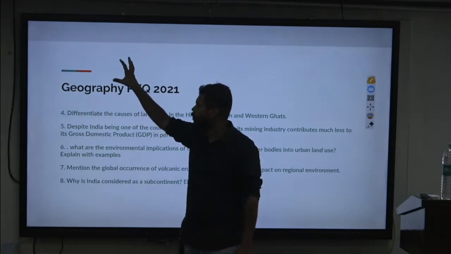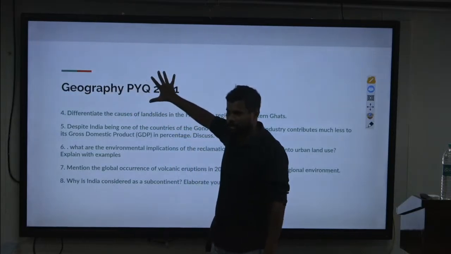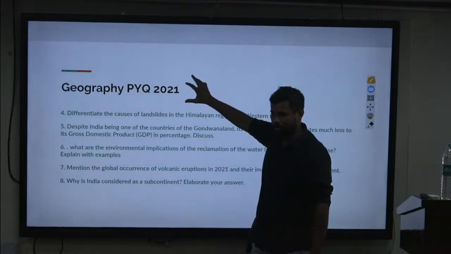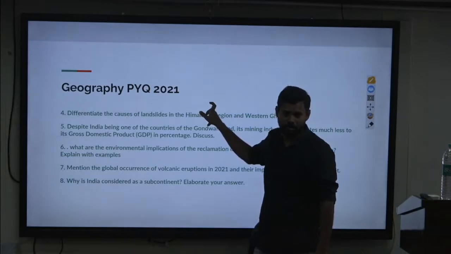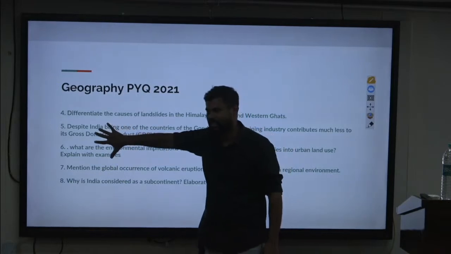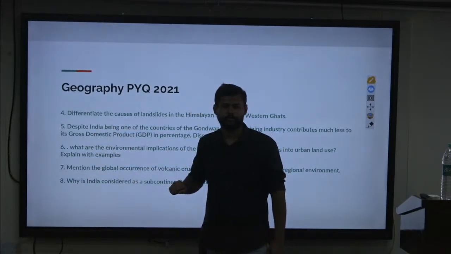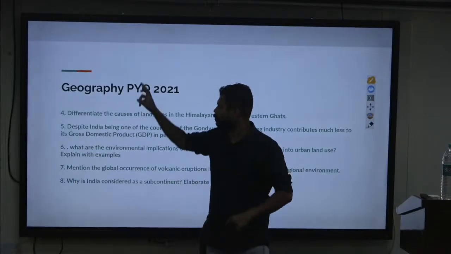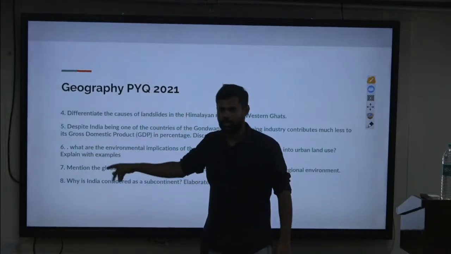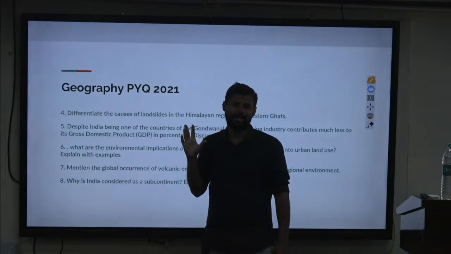For example, you mention Karakoram, Kumaon Himalayas, Sikkim Himalayas, Assam Himalayas, Purvanchal. When you go to Western Ghats, talk about Northern Sahyadris, Central Sahyadris, the Southern Mountain Complex. Otherwise, just drawing the map and saying this is Himalayas and that is Western Ghats, you will not get marks. You have to give some type of value addition to that diagram.